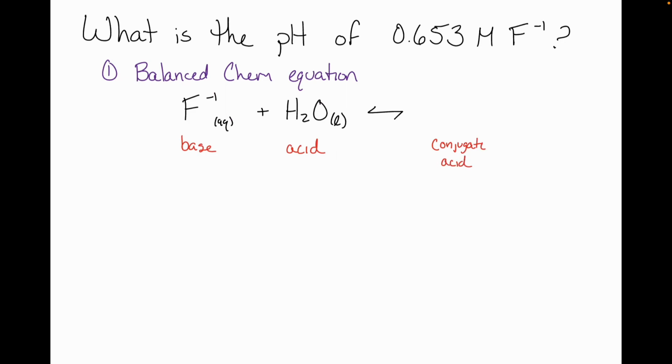So does my base increase in hydrogens or decrease in hydrogens? Increase. So this is going to be HF, and then what happens to the charge? Goes up by 1 as well, so in this case it's going to be neutral. I get these hydroxide ions.